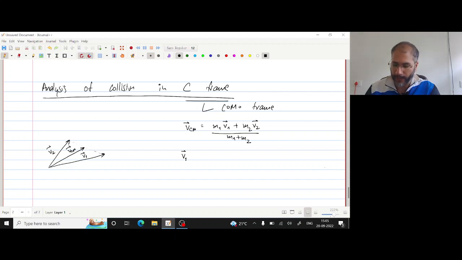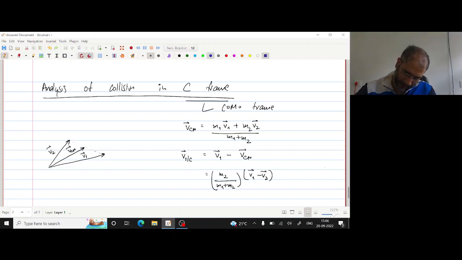So v1 with respect to the center of mass, so that is the vector v1 in the lab frame minus vcm in the lab frame. So if we substitute vcm as what's shown in the expression above, we will get v1c, which is simply m2 upon m1 plus m2 times the vector v1 minus v2, and v1 minus v2 is the vector, let's use blue color, it's basically this vector.